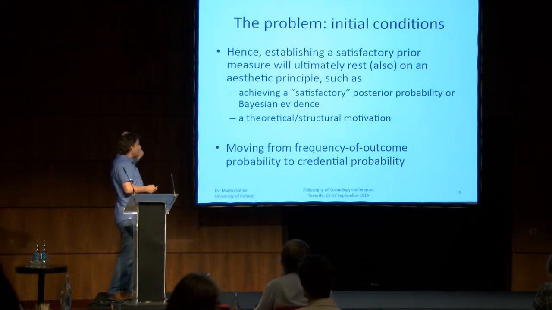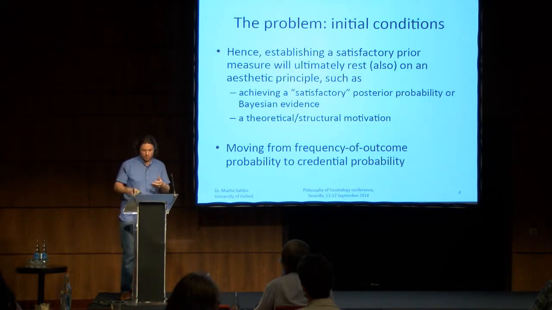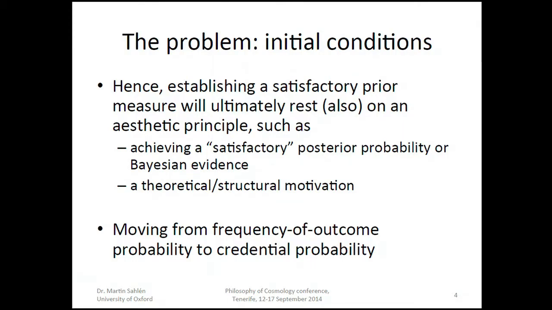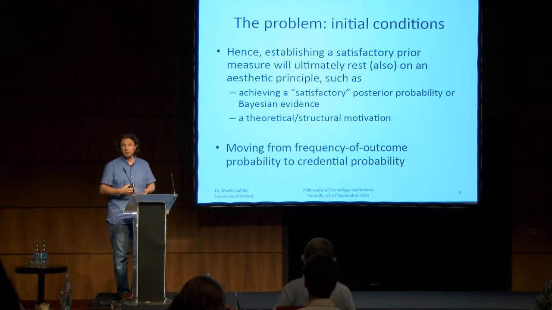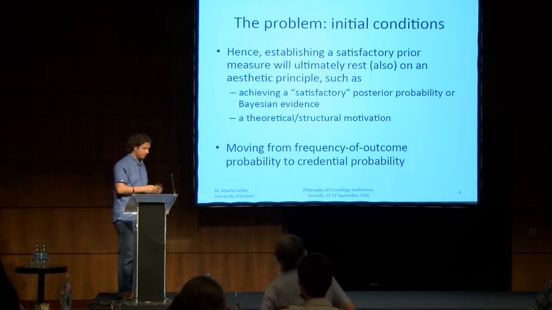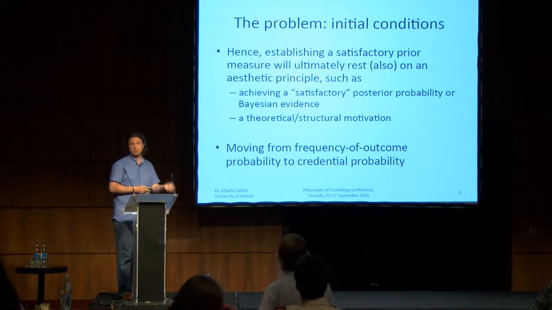So my point of view is that the way in which a satisfactory prior can be established in this context really boils down to a kind of aesthetic choice. Either you get some output, some evidence, whatever, which you think is satisfactory, or you've got some other theoretical, structural, aesthetic motivation for why you pick whatever measure you pick.